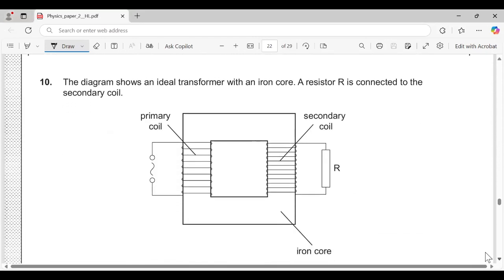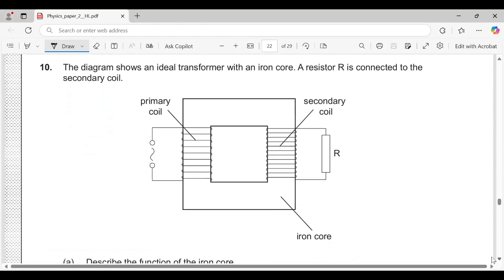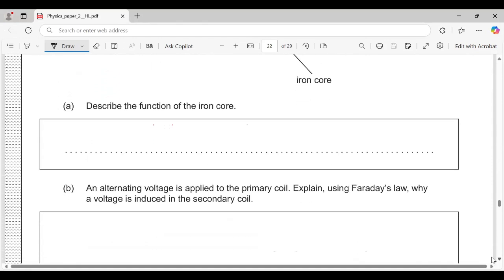Next question, number 10. The diagram shows an ideal transformer with an iron core. A resistor R is connected to the secondary coil. So this is the primary coil, and this is the secondary coil, and this is the iron core. Next, describe the functions of the iron core.